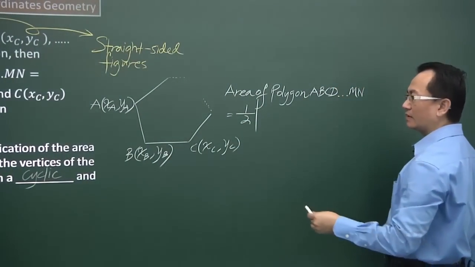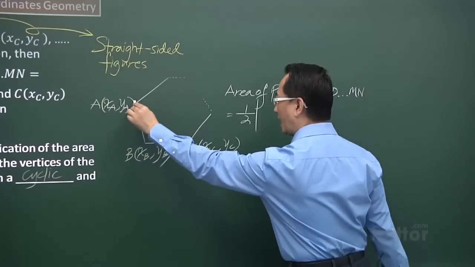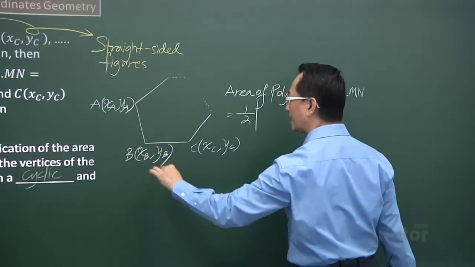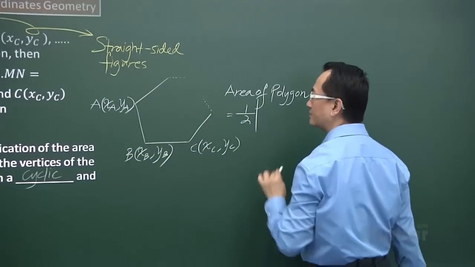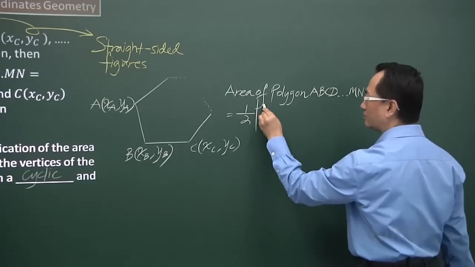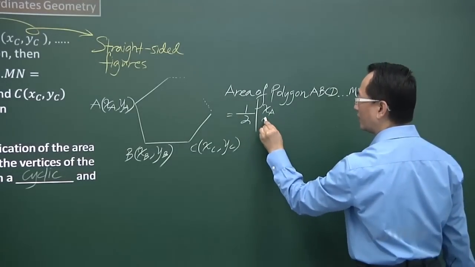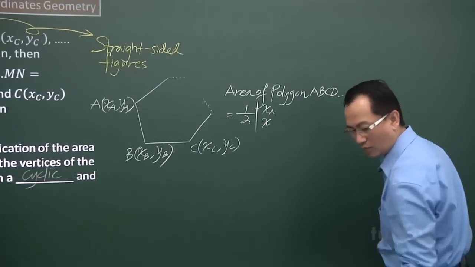Now, let's begin with this point, and we take points in cyclic manner and also in anti-clockwise direction. So, XA, YA.